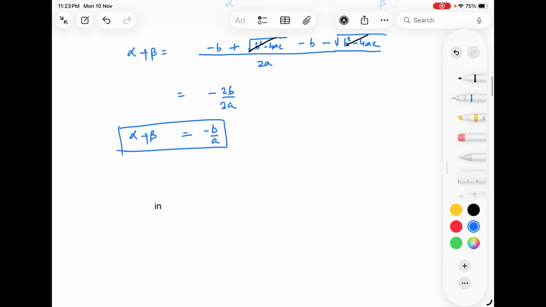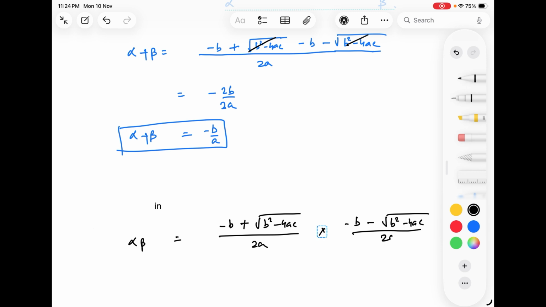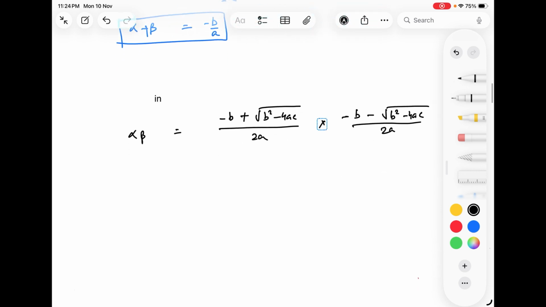Also, if we need to find the product of the roots, say alpha times beta, it is minus b plus root of b square minus 4ac upon 2a times minus b minus root of b square minus 4ac upon 2a. So, when I multiply them, I can use the formula of x plus y times x minus y, and we know that that is equal to x square minus y square.